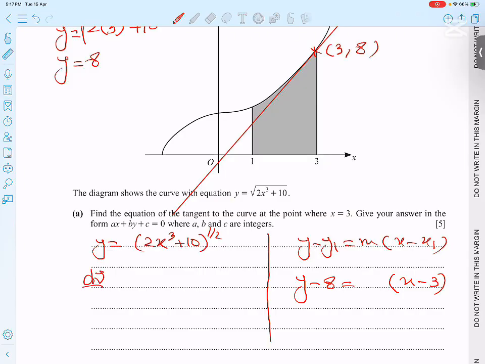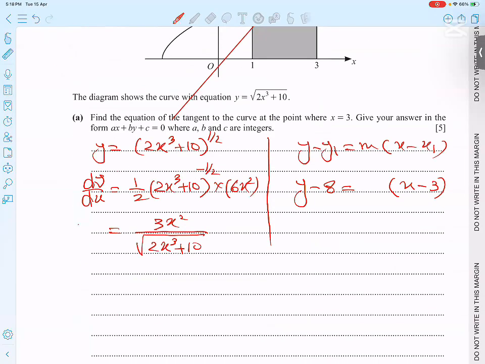So dy over dx: half comes down, power goes 1 less, -1/2, into the derivative of the base. And the 10 gives 0, but the 3 comes down and power 1 less, 6x to the power 2. I got 3x squared divided by the square root of 2x to the power 3 plus 10.